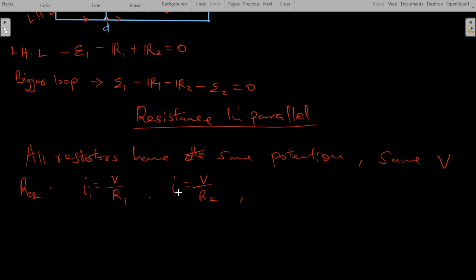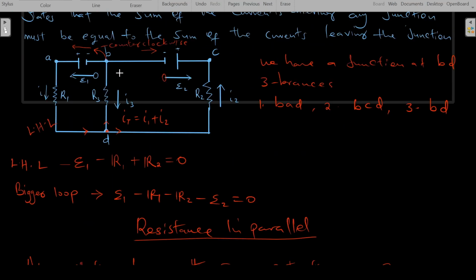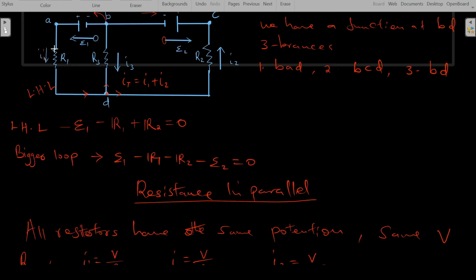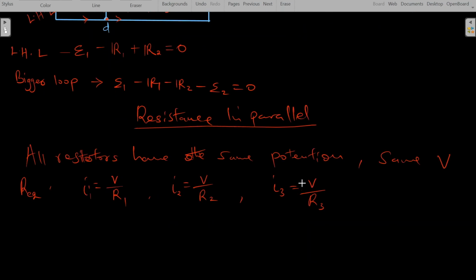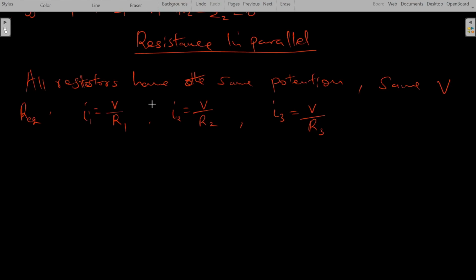Then for this point it's I2. For I3 we get V upon R3. Basically, for me to get the current at this resistor, I1 should get V upon R1, because the voltages are the same, so we just write the same V. So this is the first current, this is the second current, and this is the third current through all the resistors.